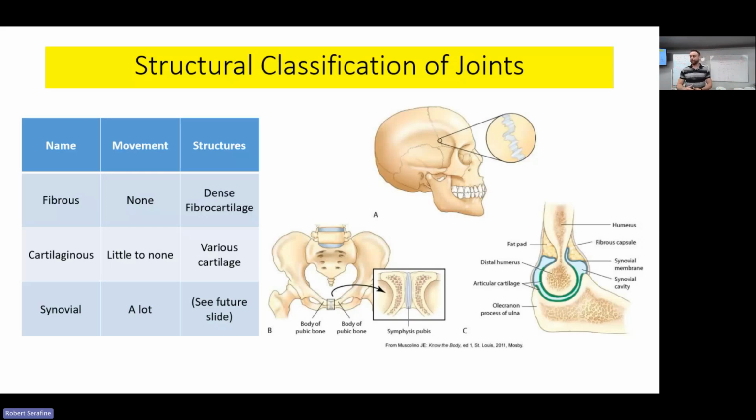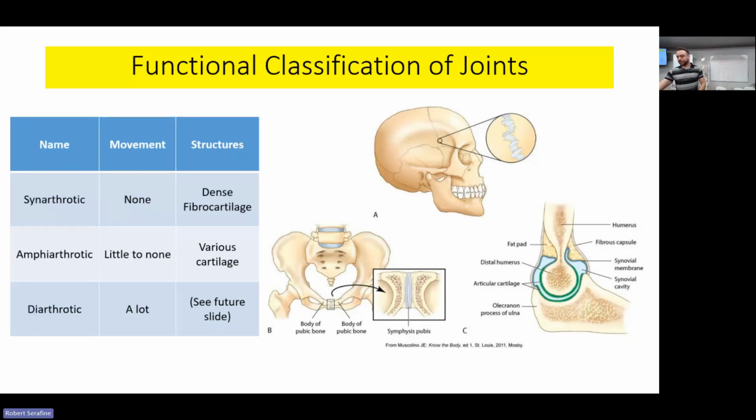That's a cartilaginous joint, as is the pubic symphysis, as you see in that depiction, where the two pubic bones of the pelvis come together. And then we have synovial joints. Synovial joints are what we're going to pay the most attention to, as these are the main focus of kinesiology, because these are the ones that move a lot and have a lot of various structures.